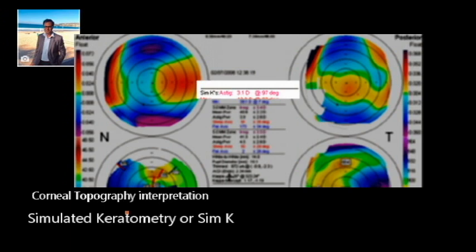The SIMK is basically the value that you get from the central 3 millimeters or the visual axis in the cornea, and this is the value that you get from the anterior cornea. The simulated K is not a reading that takes into account the posterior corneal curvature. It's only the anterior cornea, because the manual keratometers or the autokeratometers only give you the values of the anterior cornea and do not take the values of the posterior cornea.